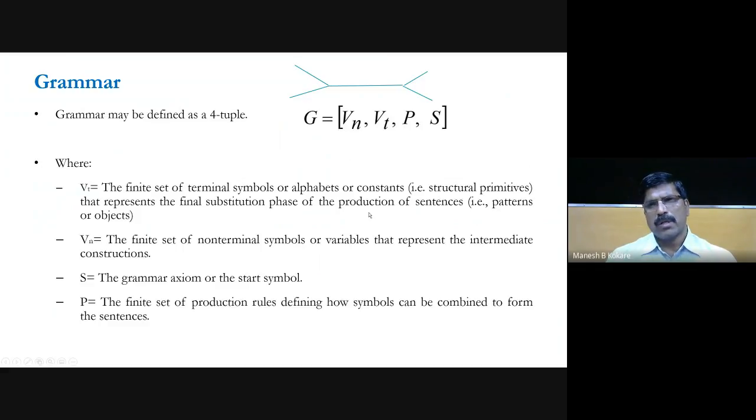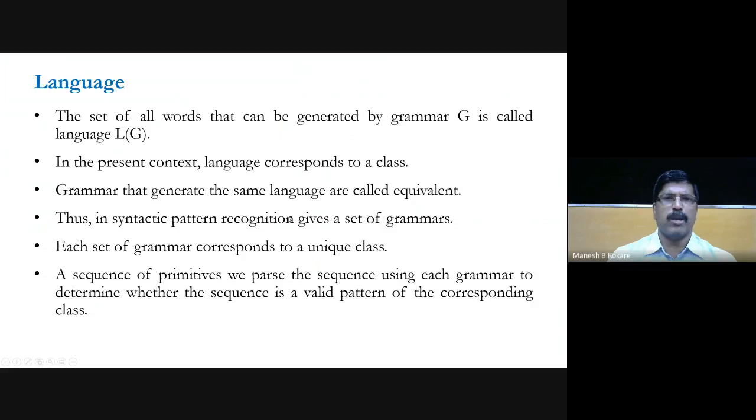P is the set of production rules, which, as I said, will be different for every class. And S is the starting point, the grammar axiom or start symbol, where to start. So the grammar consists of these tuples, and all that information is available in it.